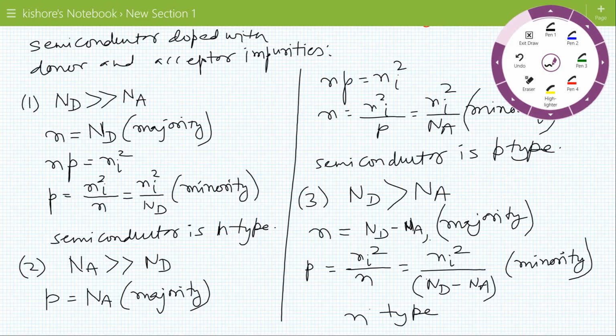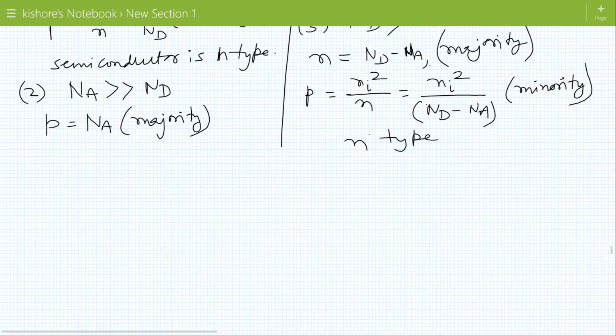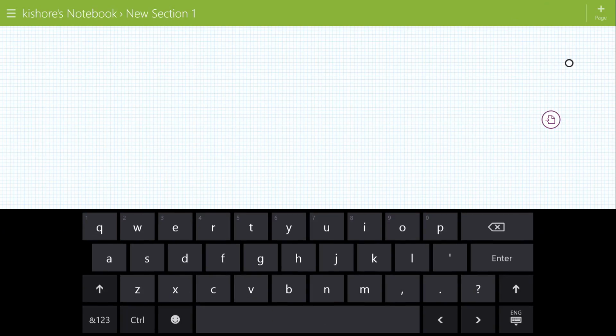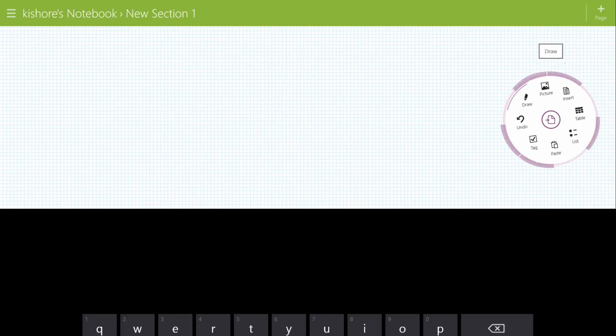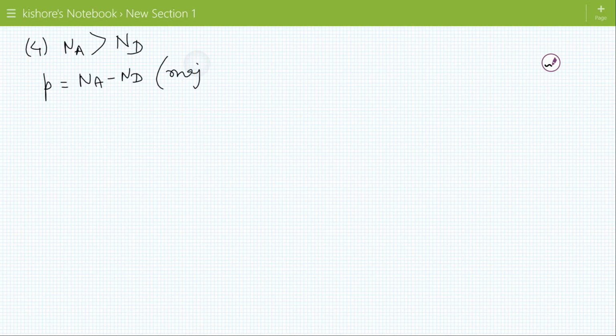Now fourth case, if Na is large but comparable with Nd, in that case concentration of free holes is Na minus Nd and holes are in majority.